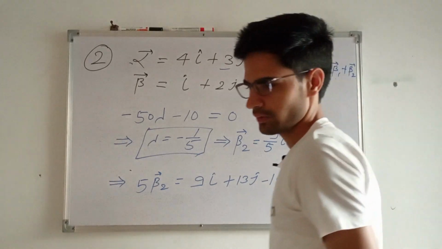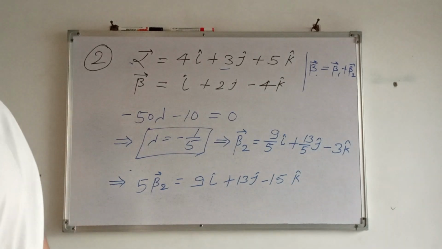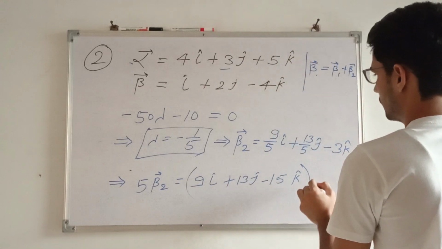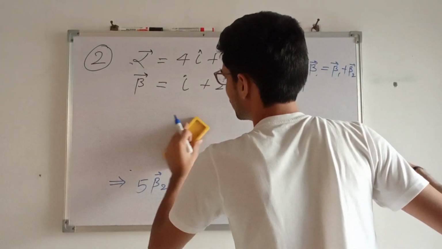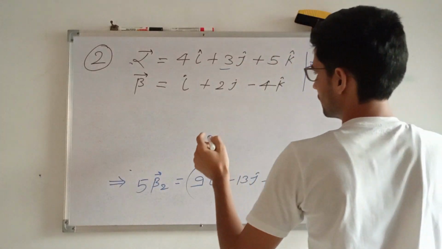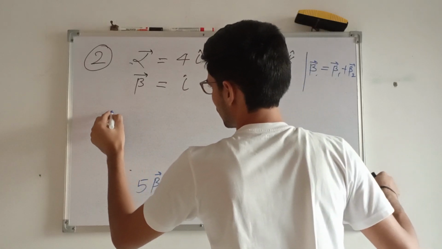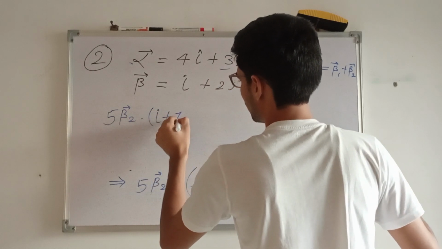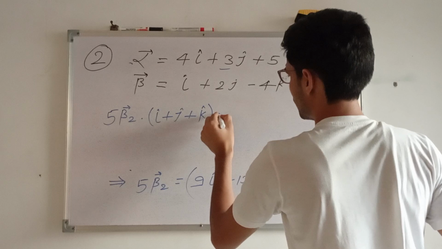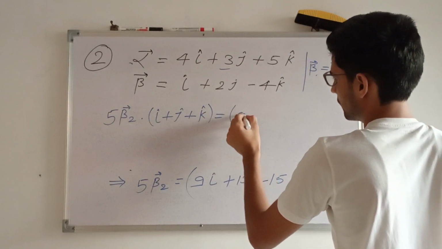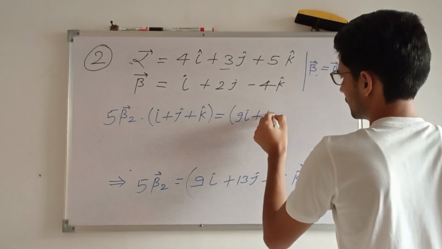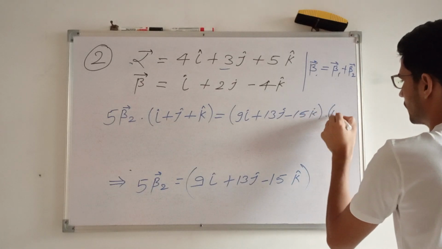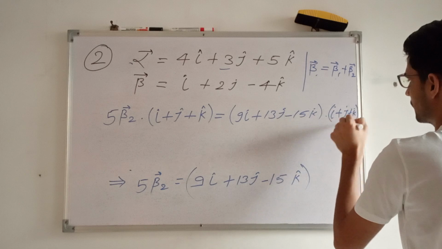So this is 5 beta 2, and to find the final answer, we do a dot product of this with i plus j plus k. 5 beta 2 dot (i plus j plus k) will be (9 i cap plus 13 j cap minus 15 k cap) dot (i plus j plus k).